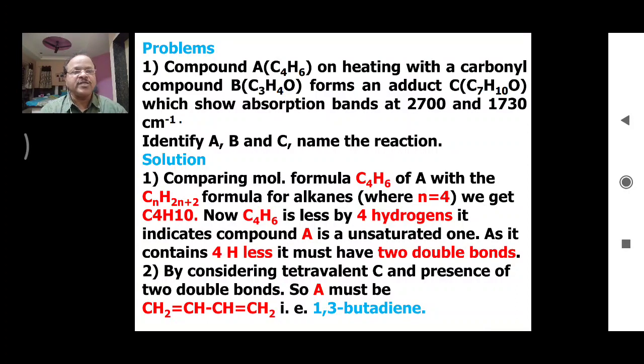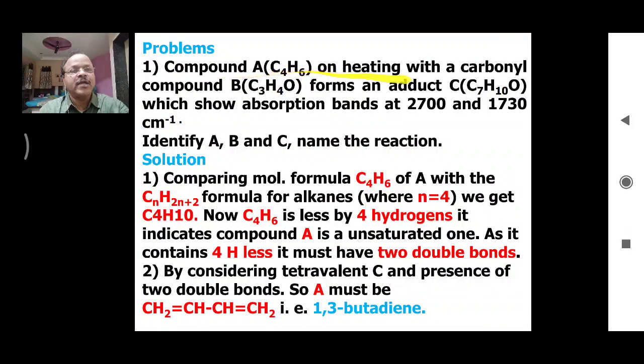Then the general molecular formulae: for alkane CnH2n+2, for alkene CnH2n, and for alkyne CnH2n-2. So this much information you should remember while solving the problems based on name reactions. Now let us see the first problem.